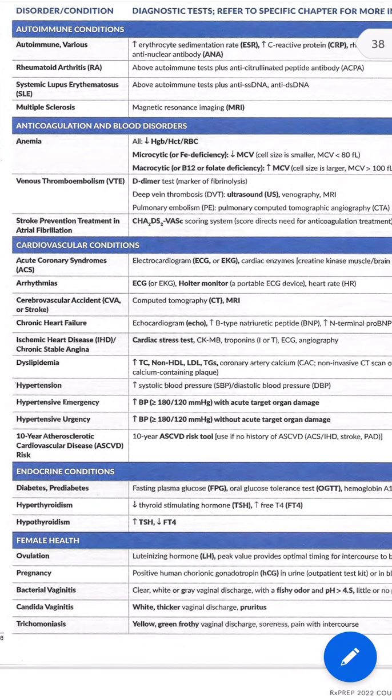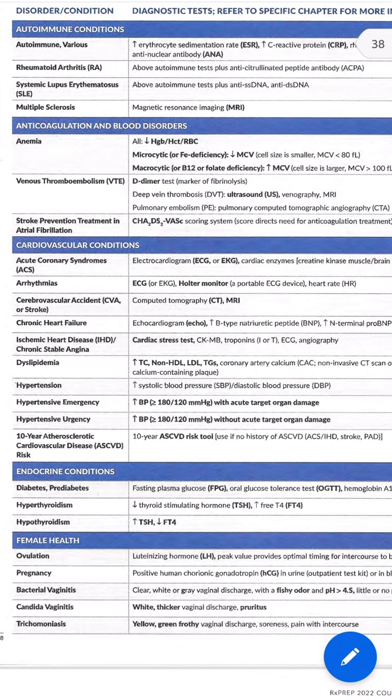Anticoagulation and blood disorders: you look at anemia. When you want to find out if a patient has anemia or not, you look at hemoglobin, hematocrit, and red blood cell. All three must decrease.